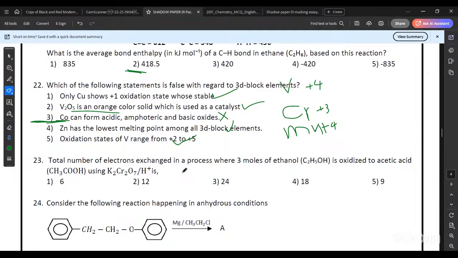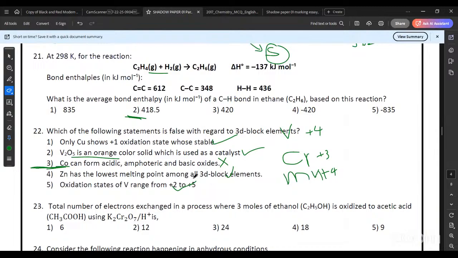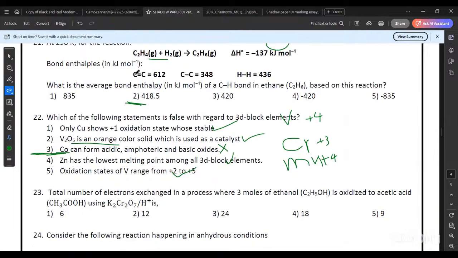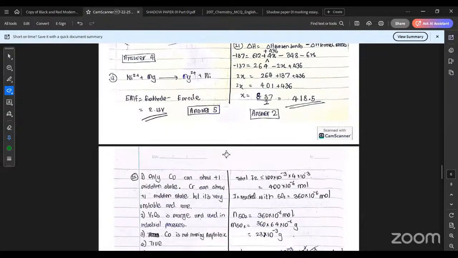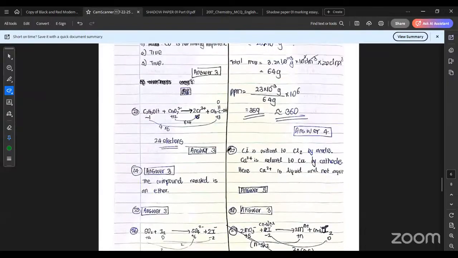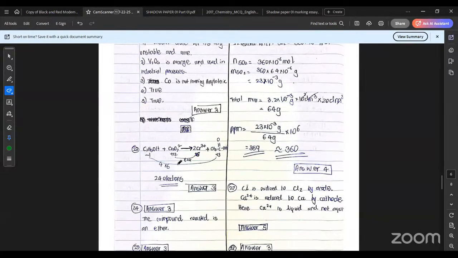Total number of electrons exchanged in the process where 3 moles of ethanol is oxidized to acetic acid. You have to balance that. You have to do these types of questions.